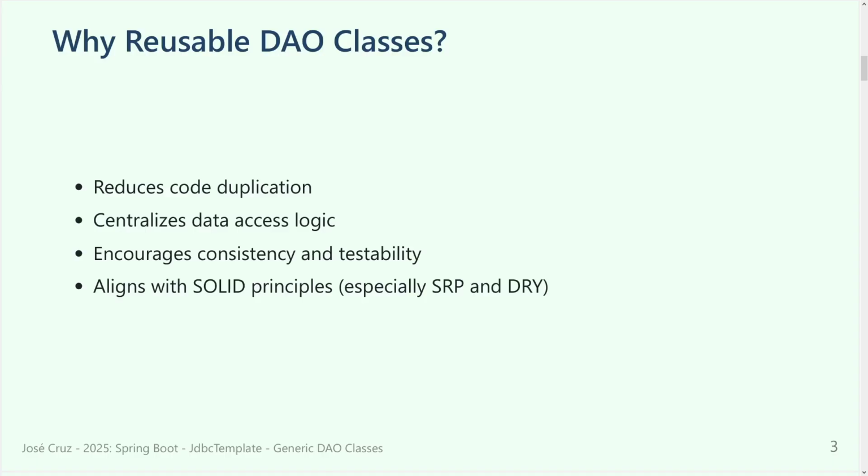So why reusable DAO classes? Reduce code duplication. If you usually develop DAO classes, you will see you have a lot of duplication, even when you are using JdbcTemplate. Centralized data access logic, meaning that simple things like selects, updates, inserts, and deletes that are quite the same, you centralize in one place, and if you test it well and if it's well developed, it will be great because you know that it works.